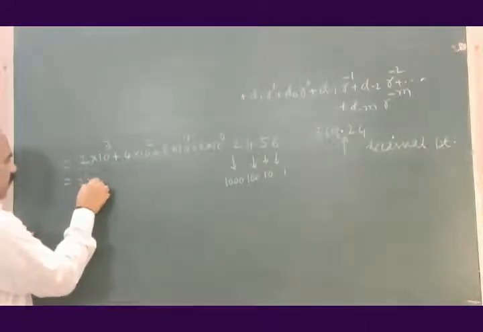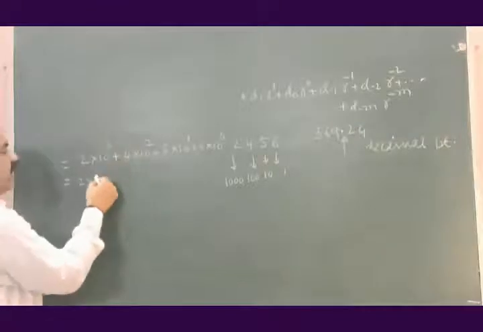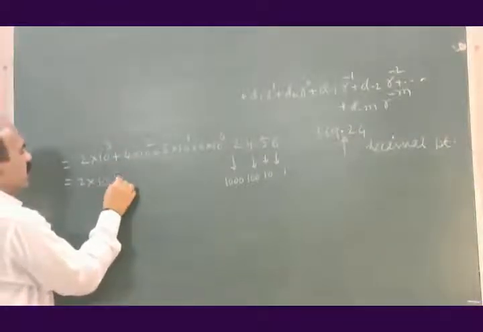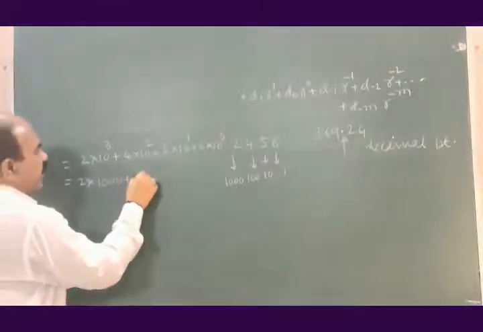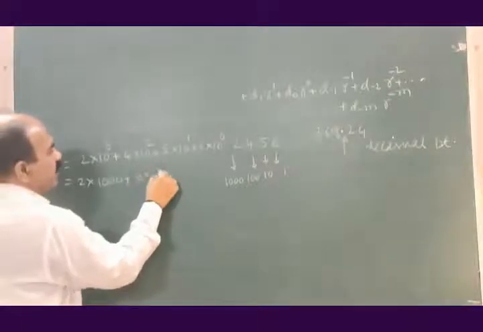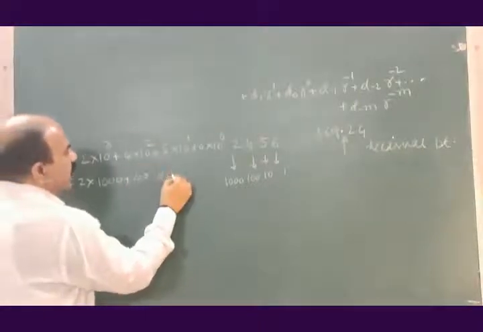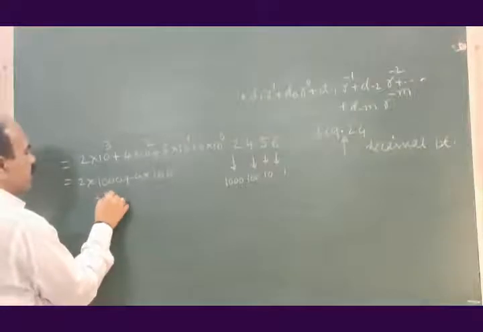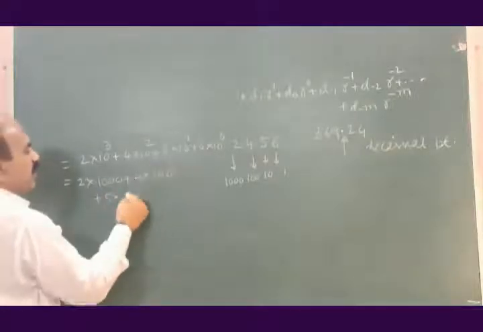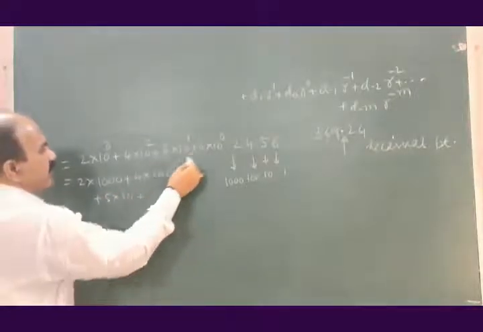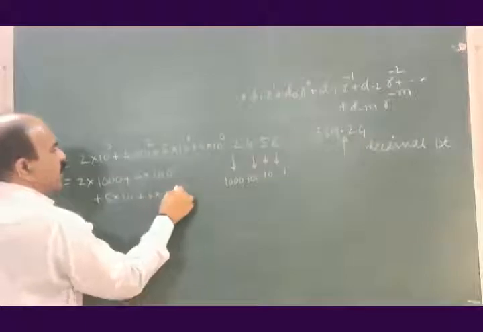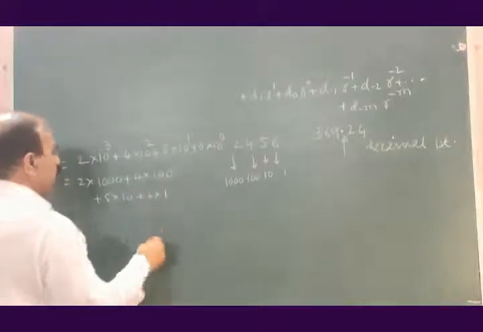2 into 10 to the power 3, 1000, plus 4 into 10 to the power 2, 100, plus 5 into 10 to the power 1, 10, plus 6 into 10 to the power 0, 1.